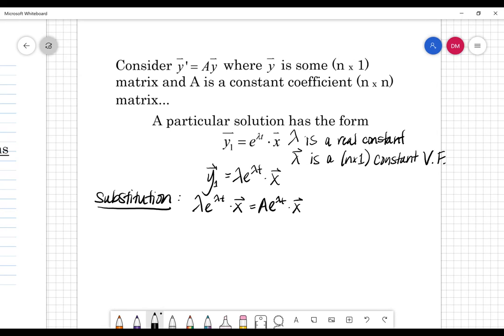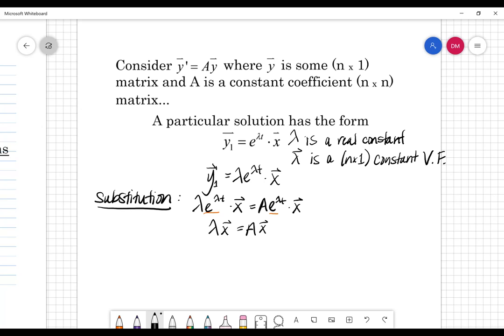We have this common e to the lambda t on both sides, that we can divide from both sides of our equation to leave us with just lambda times x is equal to A times x. Now, we don't want to divide x out because x is part of our solution here. So we don't divide that out the same way we divide out the e to the lambda t.